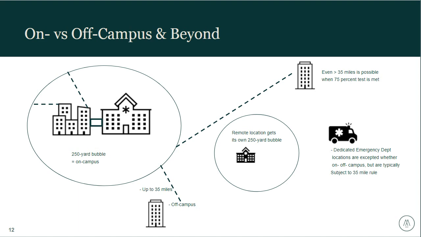Your 250-yard bubble that's on campus. It's literally not going to be a circle, because if you're drawing from the outermost corner of the main buildings of your campus, it's going to be odd-shaped, amoeba-shaped possibly, depending on where you're drawing the line from. And everything pretty much in that is on campus.